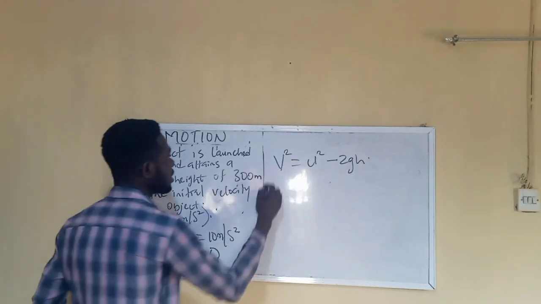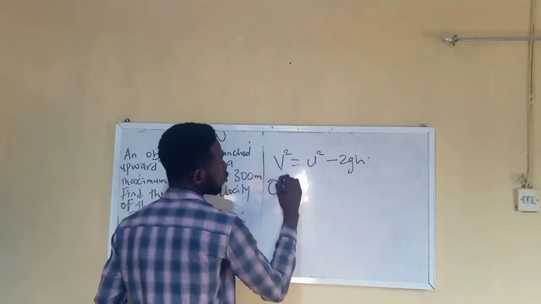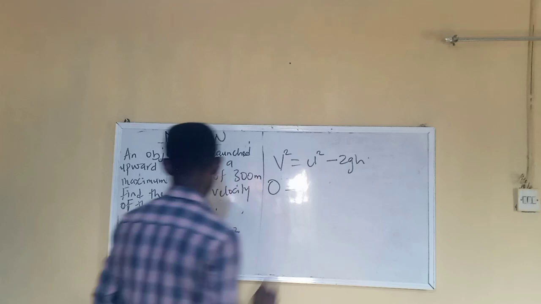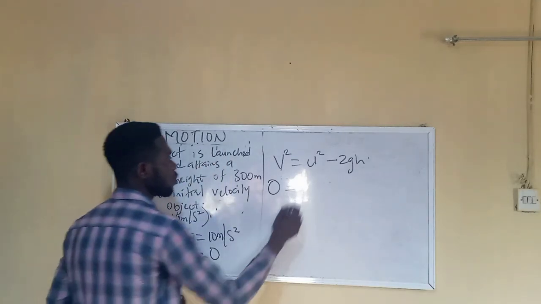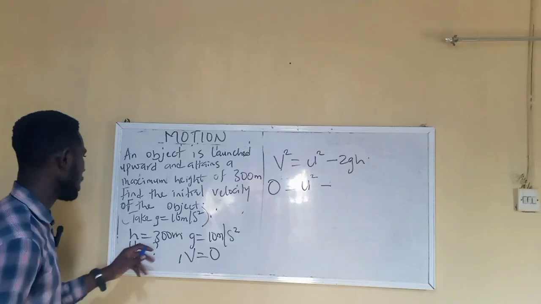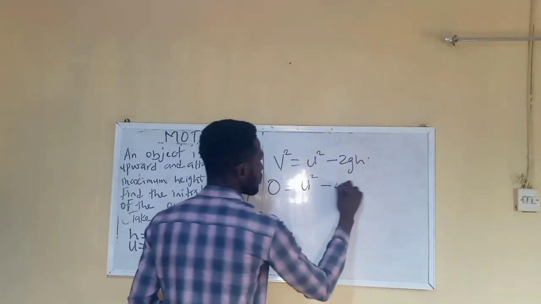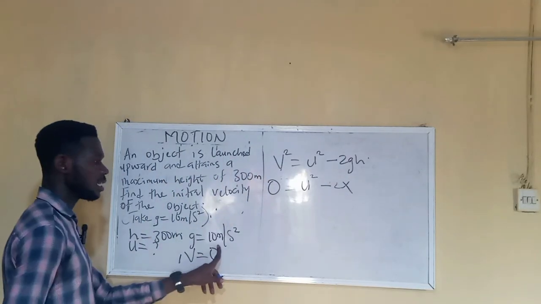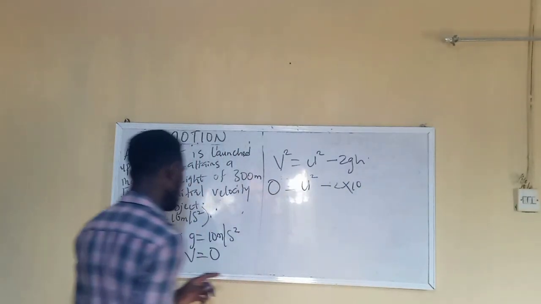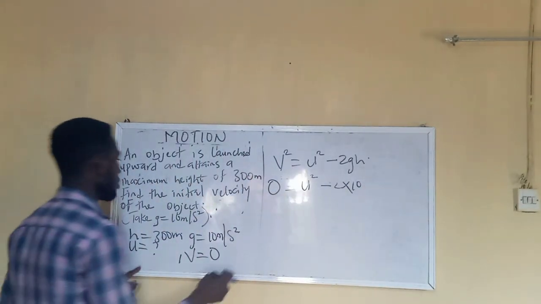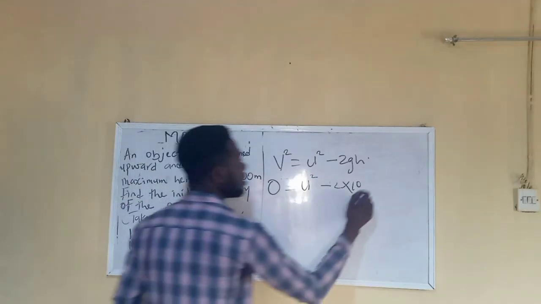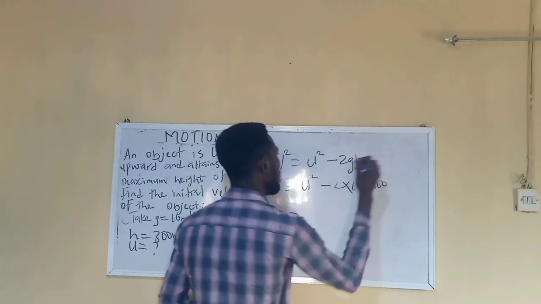Now let's start. Since our v is 0, we have 0 squared, which is still 0, equals, now our u in this case is unknown, so it is u squared minus 2 times our acceleration due to gravity, which is 10, and our h is 300.